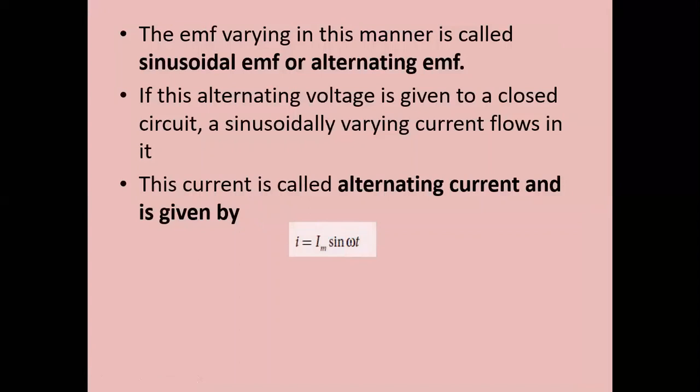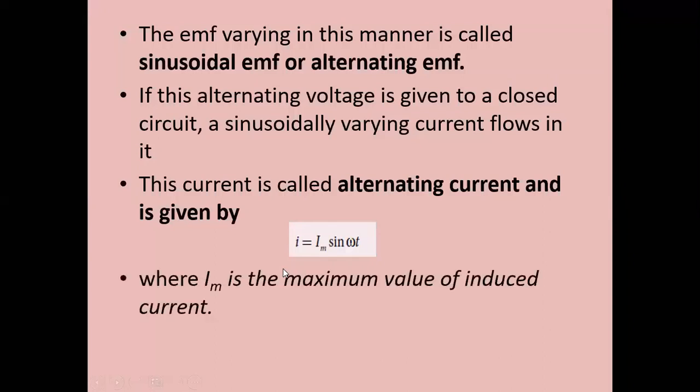This current is given by I is equal to Im sin ωt, where Im is the maximum value of the induced current. Okay. So we have got the EMF value as well as the current.